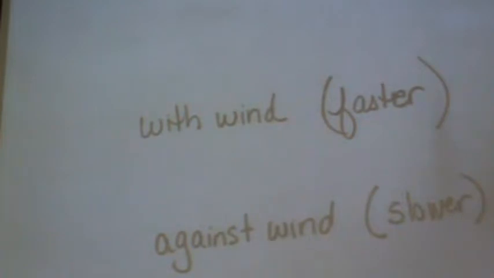Nick is absolutely correct. With the wind, it's called tailwind. Against the wind is called headwind. We like tailwind, right? When we're pedaling our bikes and the wind is pushing us, and sometimes we don't even have to pedal.